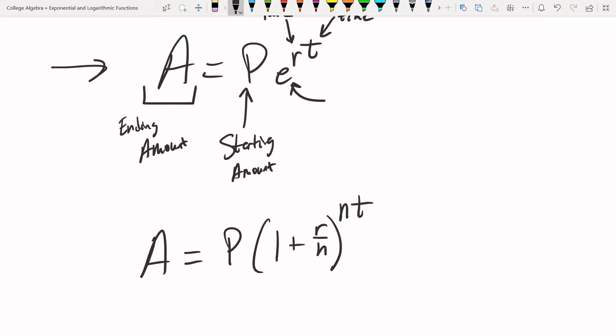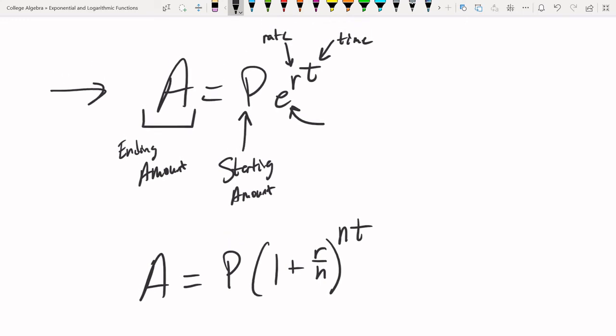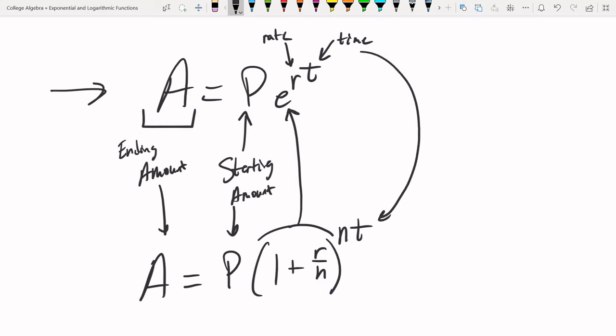It's very similar. You see here that the base is what's changing, right? 1 + r/n is now the base instead of E. But we have the same kind of ideas. P is the starting amount, A is the ending amount, t is time, and the rate, right?